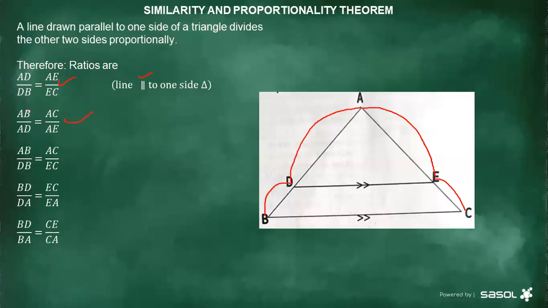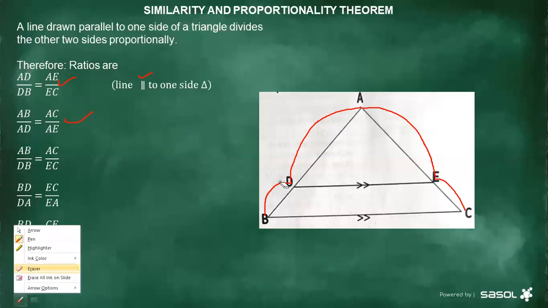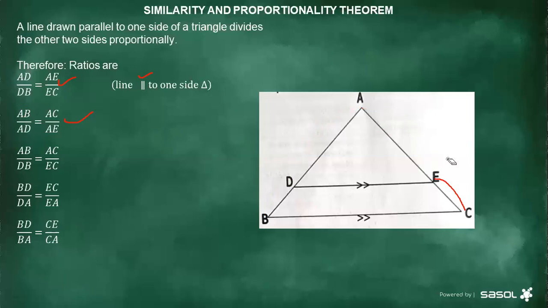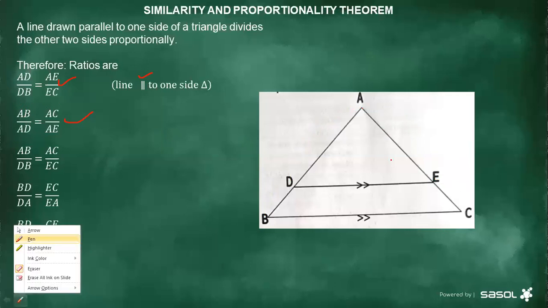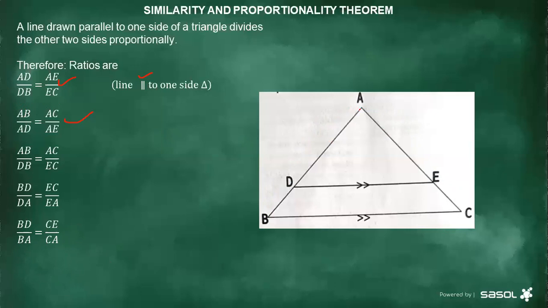Number two, you can see it says AB. Let's look for AB. This is AB, divided by AD. Can you see the way we have moved? We must also do the same on the right hand side.